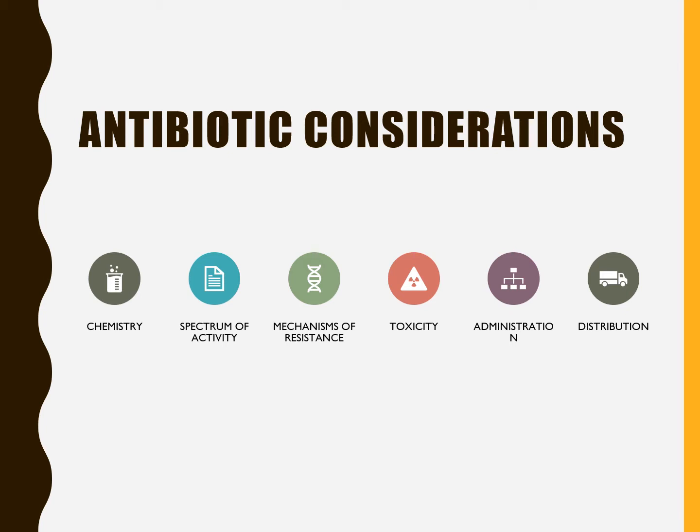But these can alter the spectrum of activity, distribution in the body, toxicity, and likelihood of resistance. When we talk about the spectrum of activity, that would be really big generalizations. Say drug A is generally effective against gram-positives, but there would always be some exceptions there where you couldn't say that this type of antibiotic was always successful in treating a certain classification.